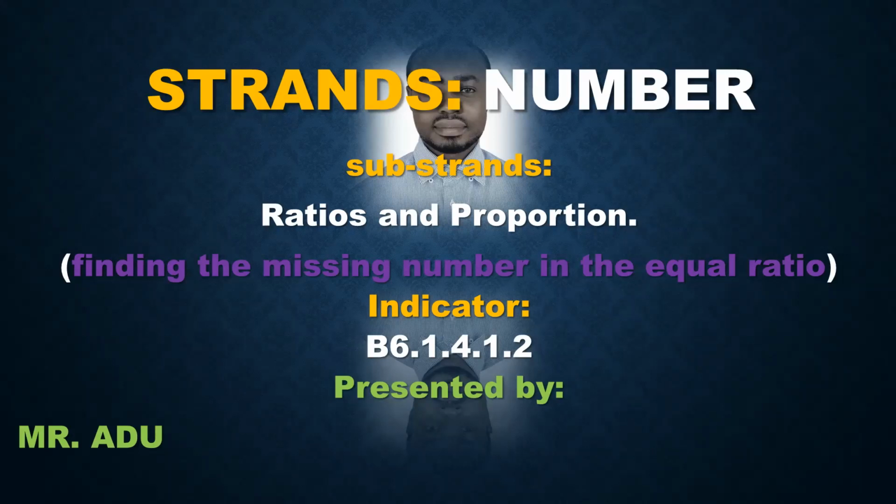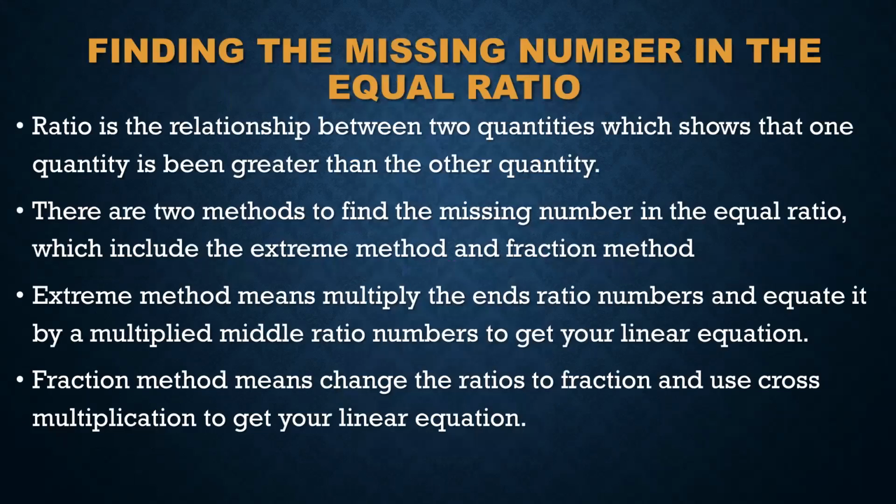Finding the missing number in the equal ratio. In our last lesson we discussed ratio, and we said the ratio is the relationship between two quantities, which shows that one quantity is greater than the other quantity.